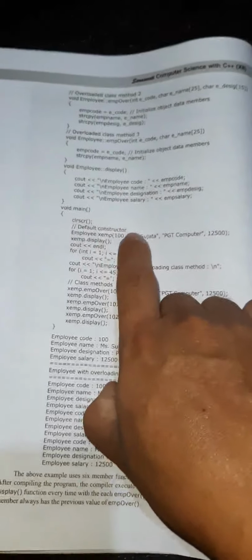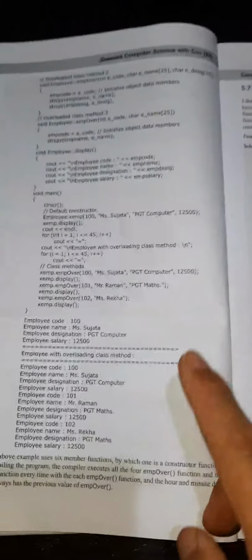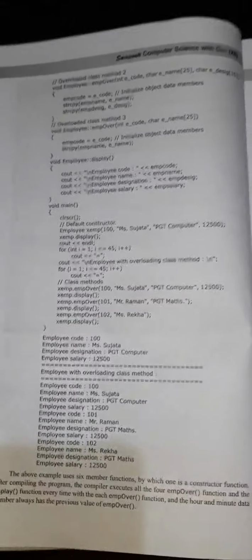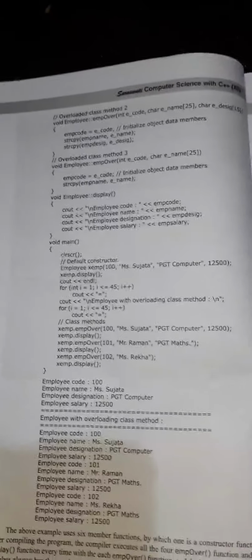But in this case you're indirectly calling the parameterized constructor to initialize these values. That means to assign these values to the object data members. Like I said, keep in mind the purpose of the constructor is to initialize the object, in this case the object data members.